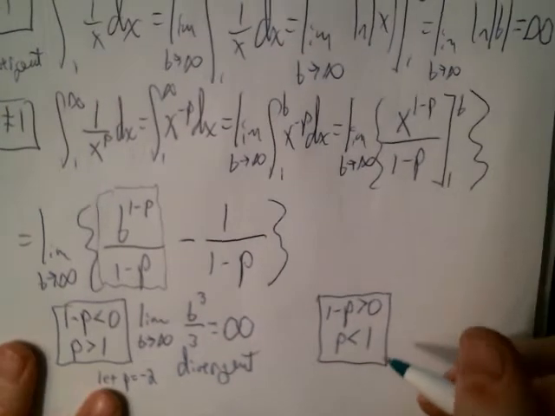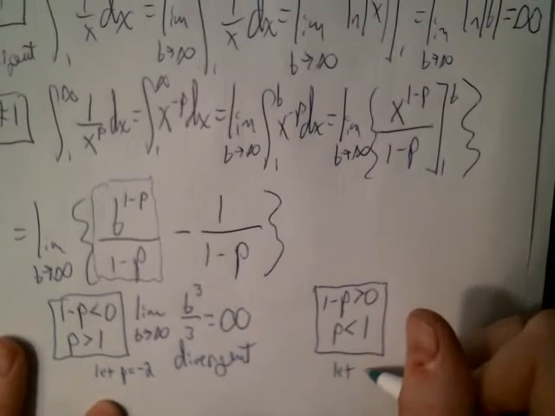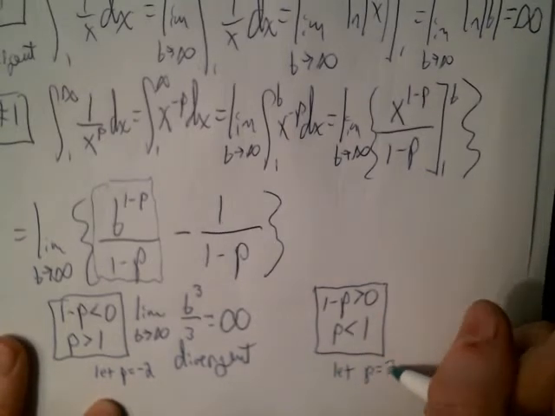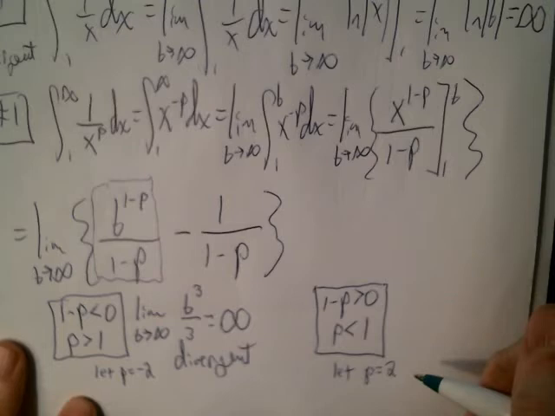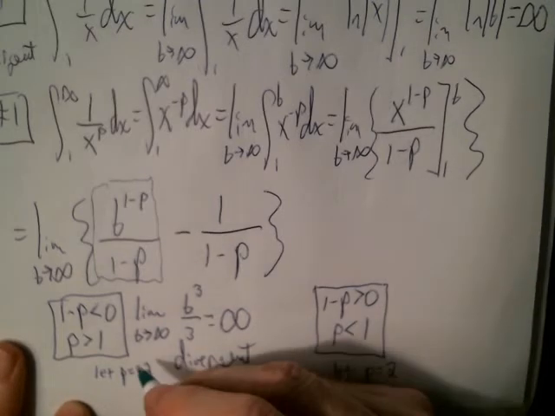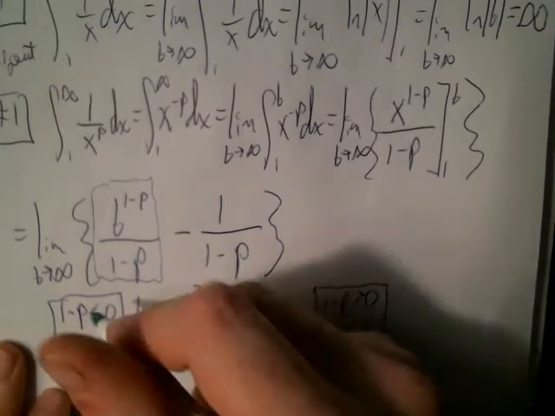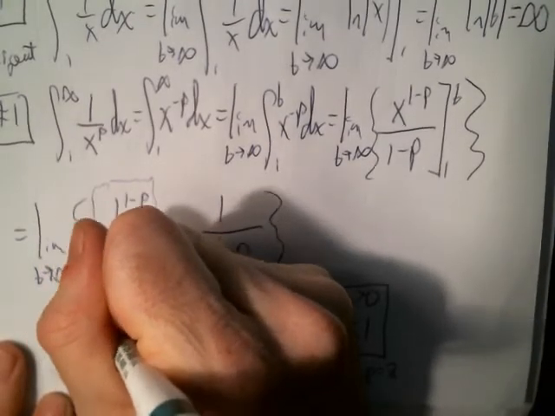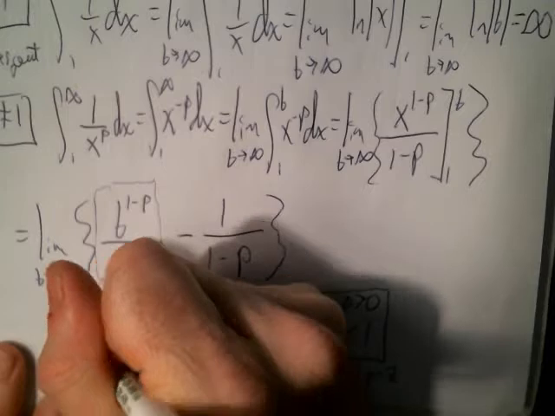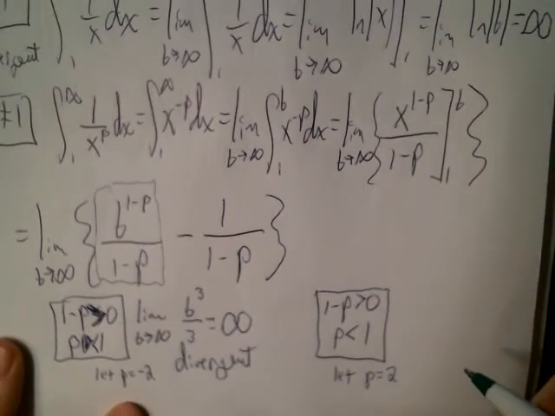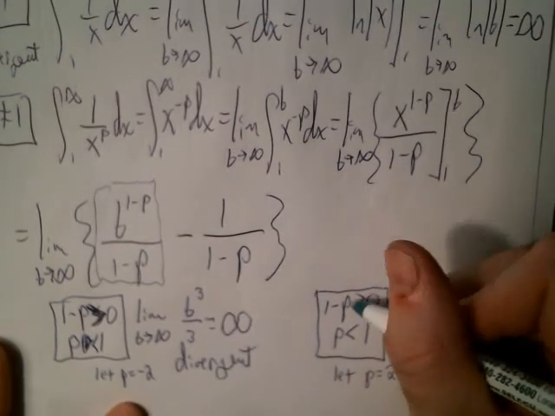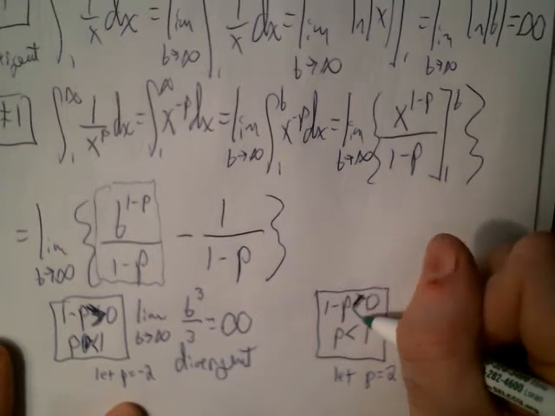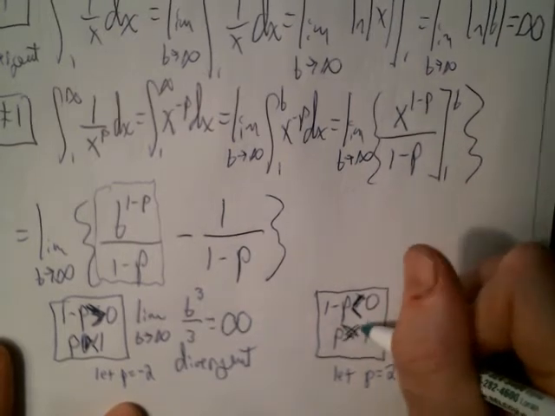Okay, let's look at this case and consider a test value. So let p equal positive 2. Oh, so we screwed that up. We did the wrong ones. This is greater than 0, and then this would be less than 1, and we'll make this less than 0, and this one is greater than 1. I apologize.